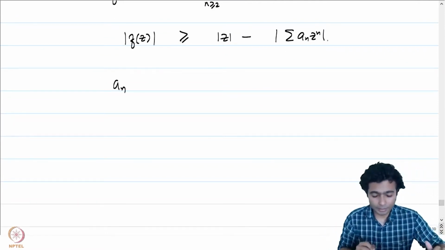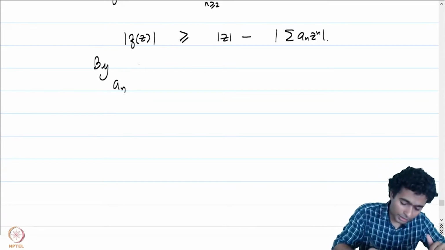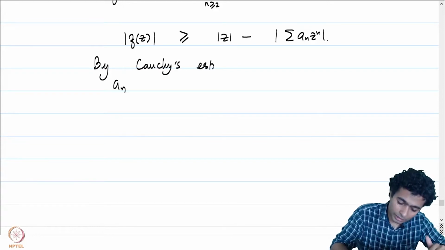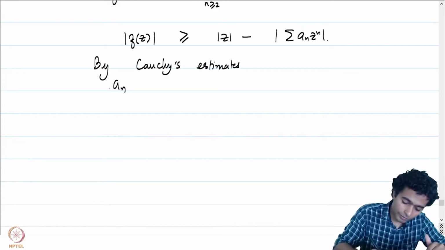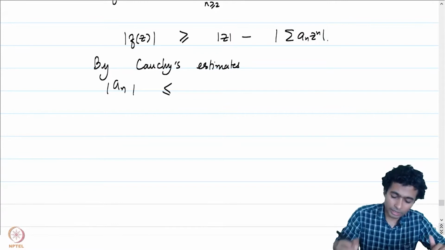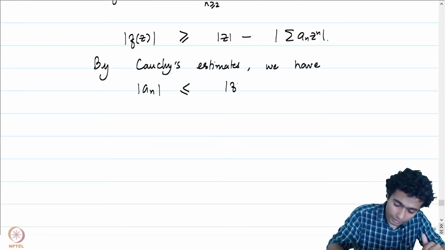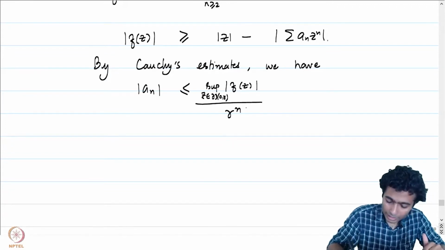By the Cauchy estimates, we can say something about a_n. Cauchy's estimates tell us that the absolute value of a_n is bounded by the supremum of f of z over z in the boundary of the disk of radius r, divided by r to the power n.